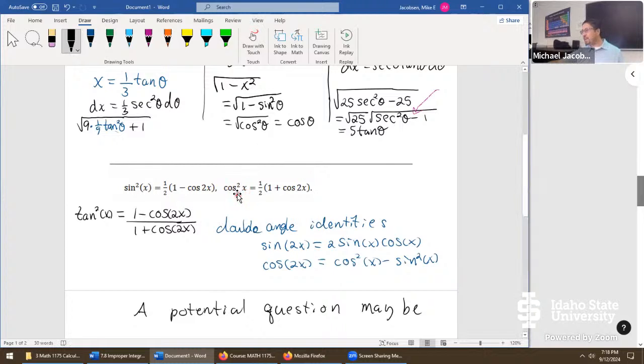For secant, you would have to take the reciprocal of both of these. So the reduction formula for secant squared x would be, flip all this around, and now it's a 2 over 1 plus cosine 2x. So it's kind of cheating in a way. I'm just using tangent as sine divided by cosine to form that, and secant is a reciprocal of cosine.